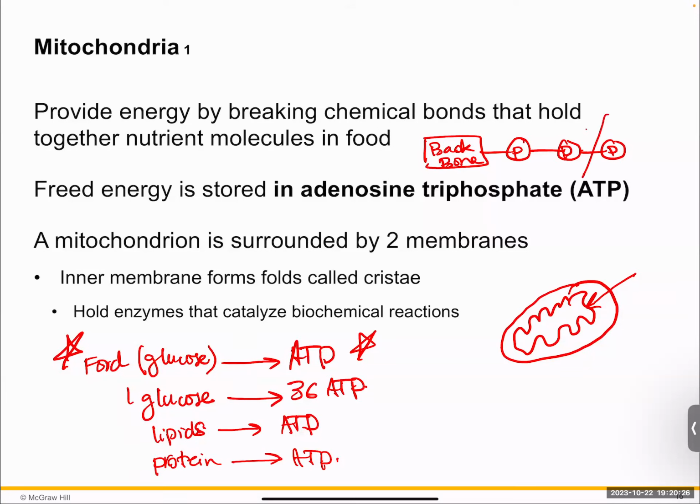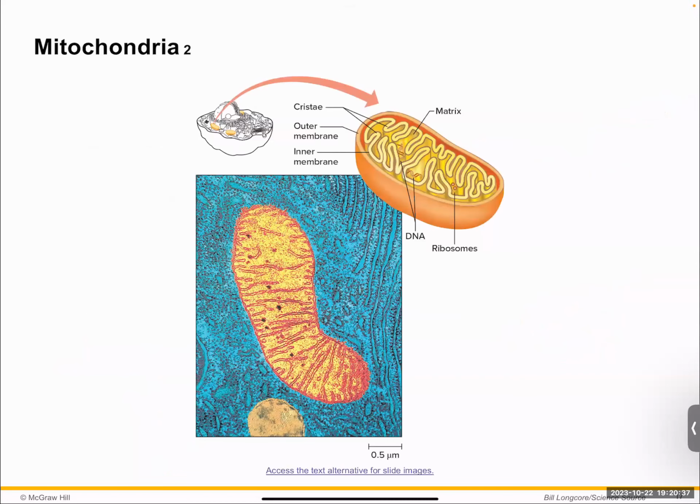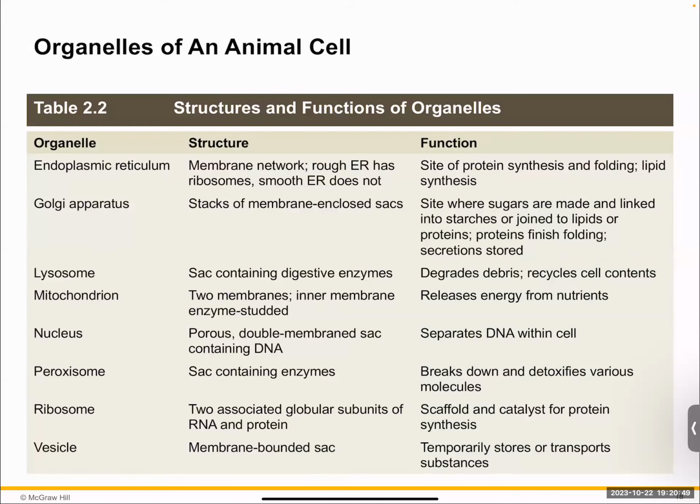Anytime you break one of these bonds, you release energy that can be used by your cell. Again, here is a depiction of what mitochondria look like. Like everything else that we have discussed, mitochondria numbers can also vary from one cell to another.